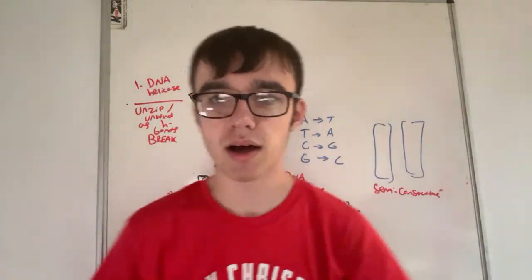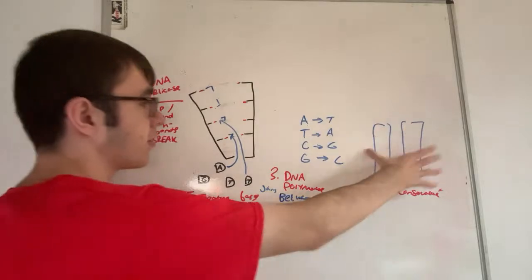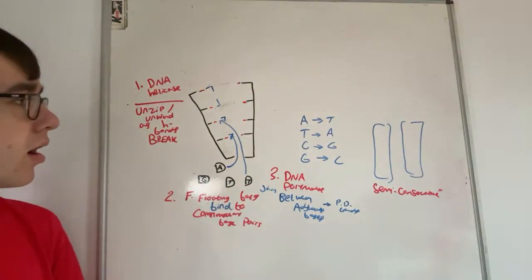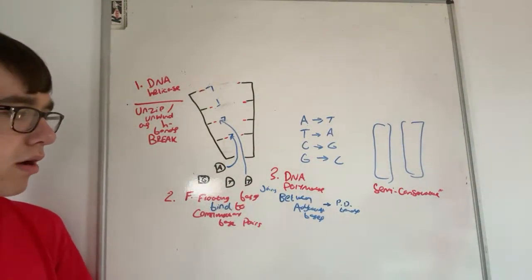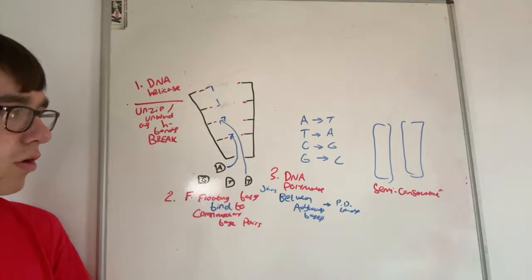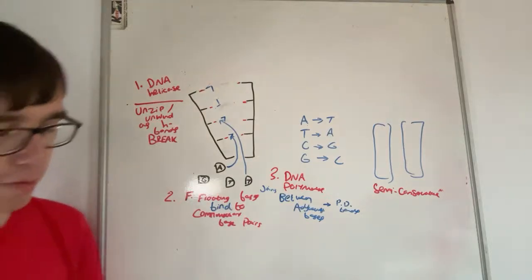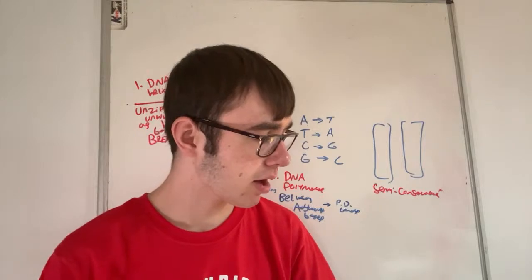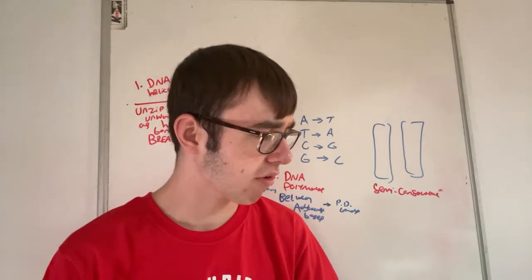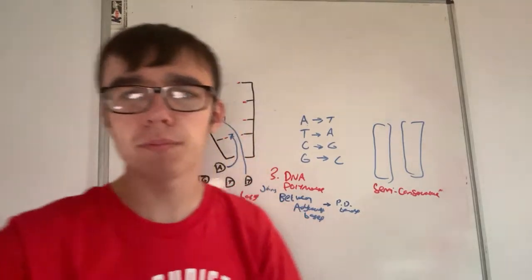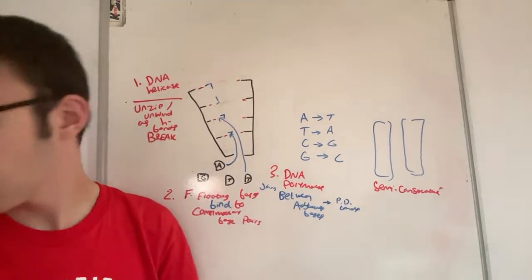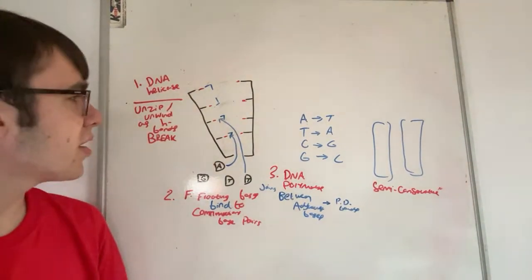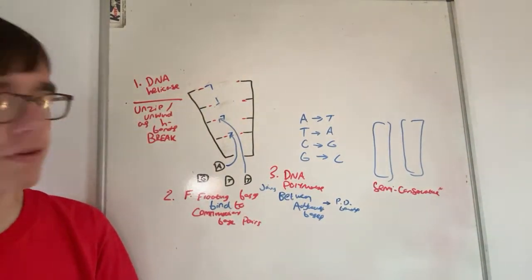Half the original, and we've replicated the DNA there. DNA replication, I don't exactly recall the reason for this, but I know it happens during interphase, I believe during growth cycle 1, if I'm not mistaken. So there you go. I think that's everything for DNA.